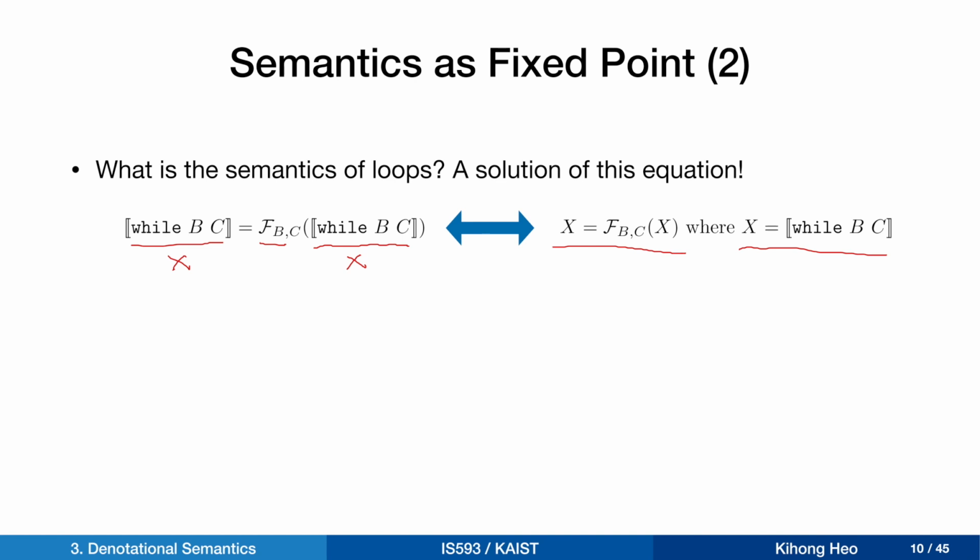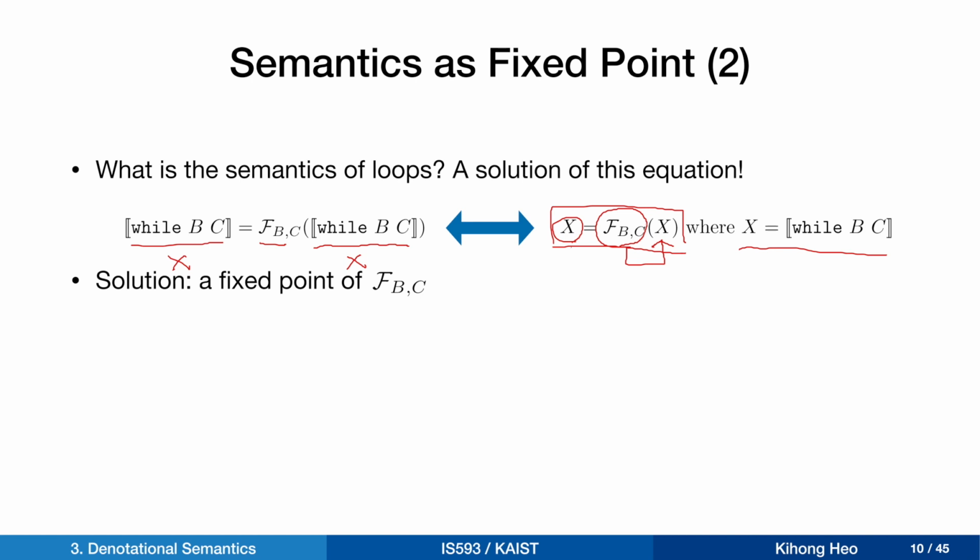And this kind of equation is just the usual thing in high school mathematics, right? Which means that x equals f(x) and x is a solution of this function f. Okay, but this is not an arbitrary solution of this equation. This equation looks very special, which means that if we apply this function f to the solution x, then it returns the solution x itself.